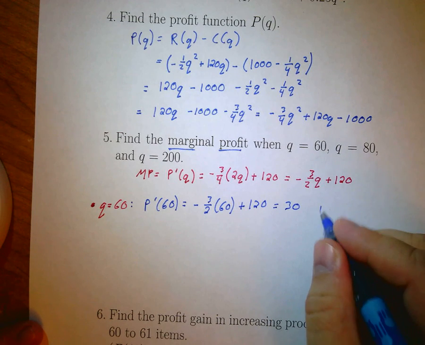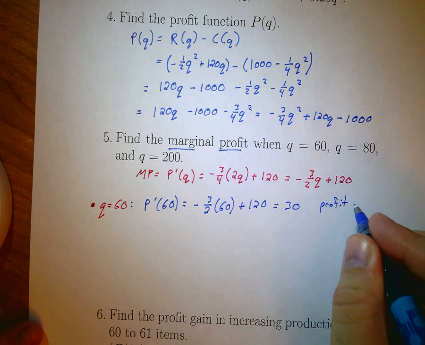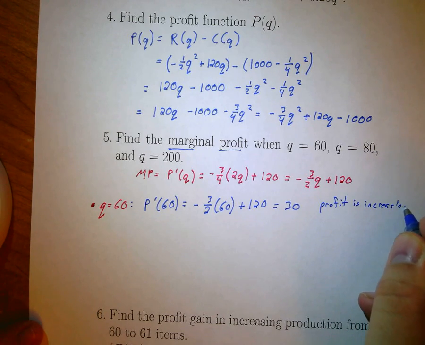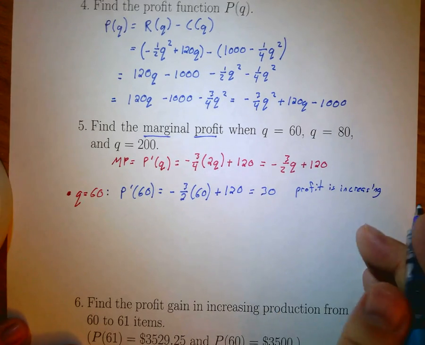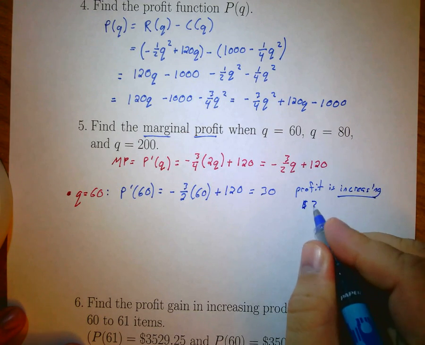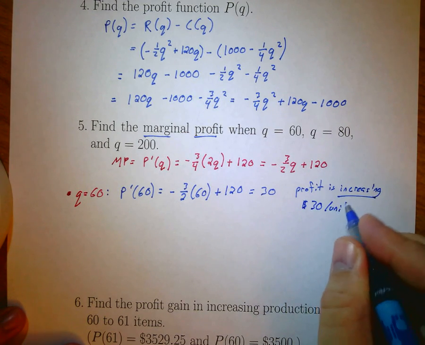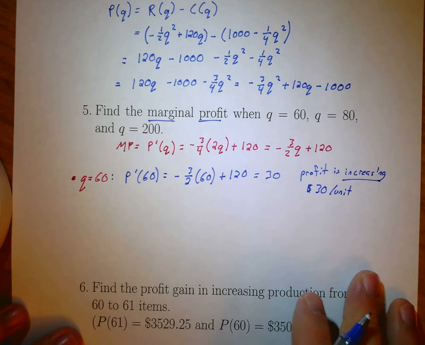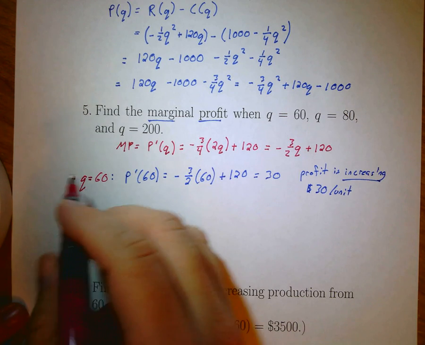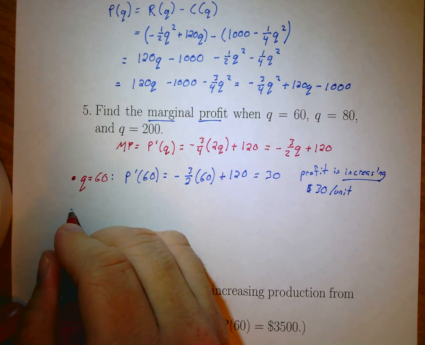So what we see is that profit is increasing at a rate of $30 per unit. So for every unit we sell, we make an extra $30 when we're at production levels at q equal to 60.